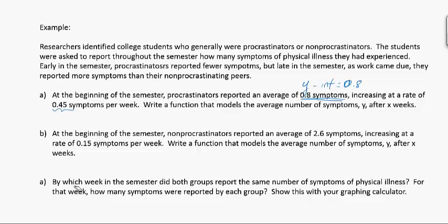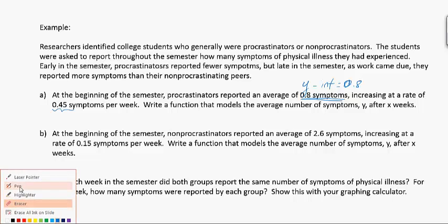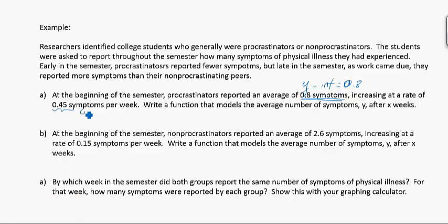So it's 0.45. You can think of that as our slope, our average rate of change per week. We're asked to write a function that models the average number of symptoms, y, after x weeks.